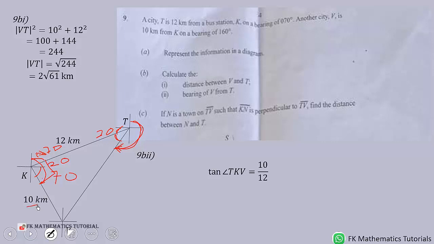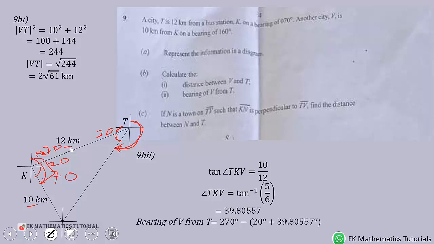So opposite is this, adjacent is this. So tan inverse of 5 over 6, which is the same as 10 over 12, is 39.80557. So we add this angle to 20 and subtract it from 270 to get the bearing of V from T, which is equal to 210.19 degrees.